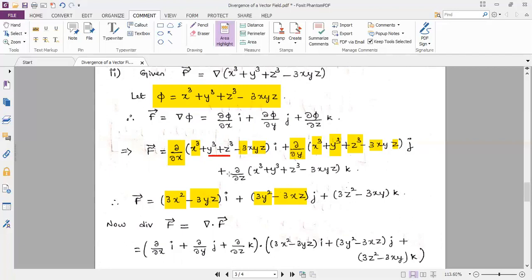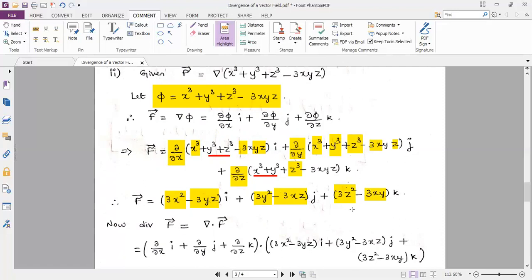The last term is partial differentiation with respect to z. With respect to z, x cube plus y cube is a constant. So differentiation goes to 0. Differentiation of z cube partially with respect to z is 3z square, minus 3xy is a constant. Writing as it is, differentiation of z is 1 into k cap.